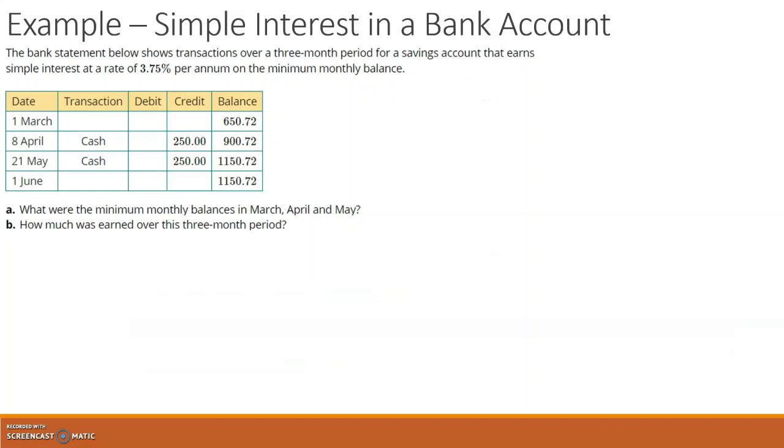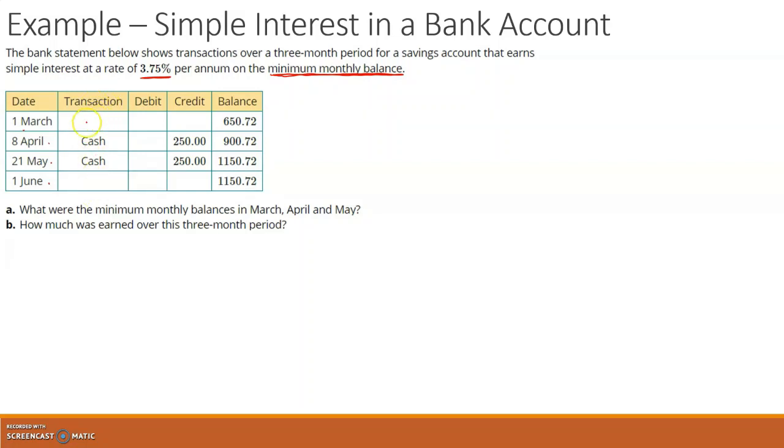So here we've got a bank statement, and it shows transactions over a 3-month period for a savings account that earns simple interest at a rate of 3.75% per annum on the minimum monthly balance. So let's take a better look at this table. We've got some dates in March, some dates in April, some dates in May, and some dates in June. Now for each of these rows, we've got what type of transaction occurred.